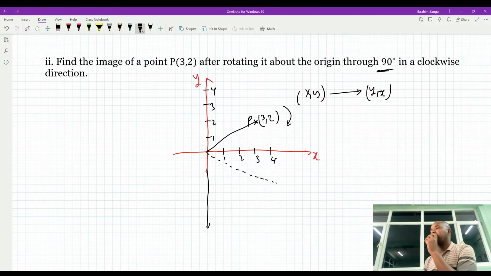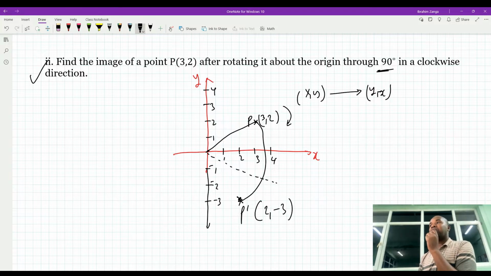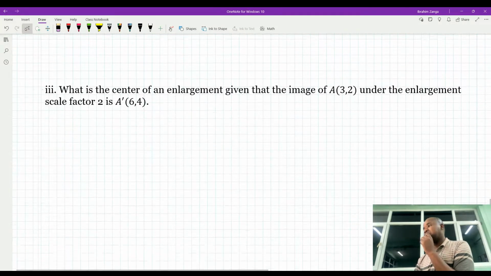If I consider, there it is, 1, 2, 3 negative. So the new point will be (2, negative 3). There it is. So after rotation, P dash will be (2, negative 3). Yeah, so that is the rotation for this question, and we're going to come to the last part now.